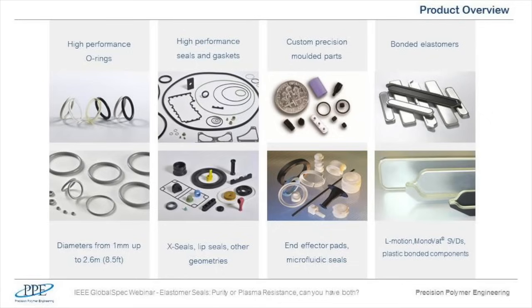For the semiconductor industry, one example of this is end effector pads for robotics applications. We are also capable of making bonded elastomers, like gate valve door products. We can mold and bond elastomer materials into gates for use as spare parts in exchange in vacuum door valves. Many of our materials are recommended by OEMs, and we can also supply monolithic gates with PPE elastomer materials.